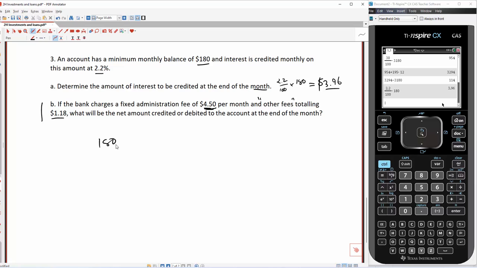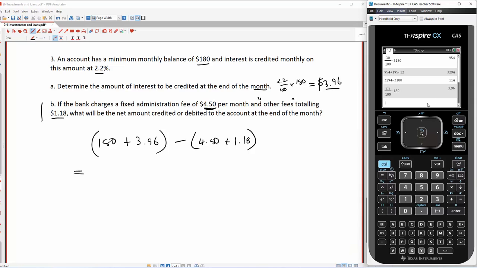So we know that the account starts at $180 and gets $3.96 interest. But what we need to then do is remove these fixed charges, which is $4.50 and $1.18, their fees.